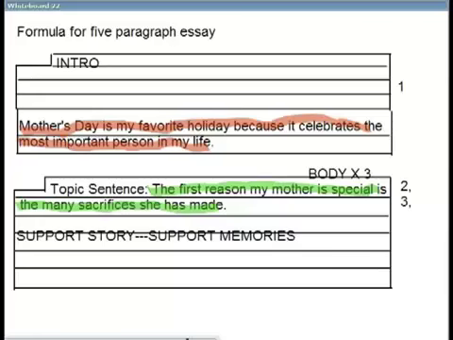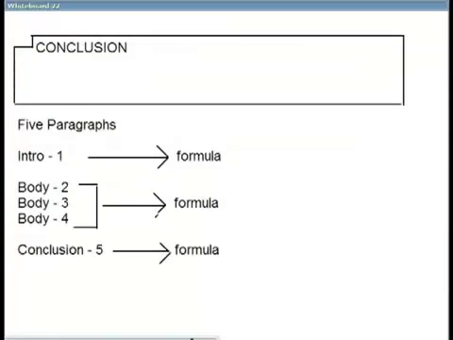First, we have reviewed the formula for the 5-paragraph essay. That formula consists of the introduction paragraph, which ends with the thesis. Then the second part is the 3 body paragraphs. Each one of those body paragraphs begins with the main point that supports that thesis. Those are paragraphs 2, 3, and 4.